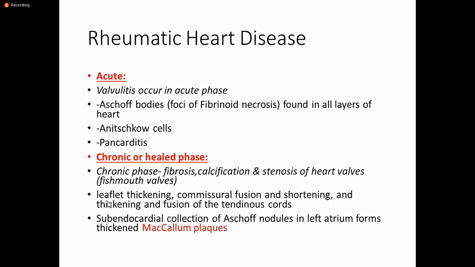It's Anitschkow cells, and pancarditis is observed. Normally we do not take a biopsy sample from the heart muscle, but sometimes we receive the whole heart to identify the cause of death, and when we observe the valves, it shows valvulitis, Aschoff bodies, Anitschkow cells, and pancarditis with acute inflammatory cells.